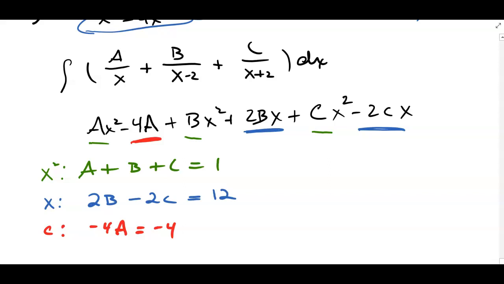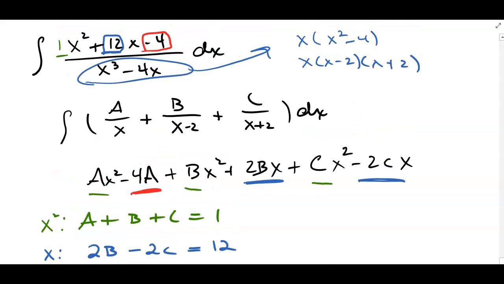So there's my equations. Remember, when you set up these 3 equations, they do not have x's in them. You're only looking at the coefficients of x squared, the coefficients of x, and your constants. And they have to match these. So the coefficients of x squared have to equal 1. The coefficients of x have to come together to get 12. And the constants come together to make negative 4.